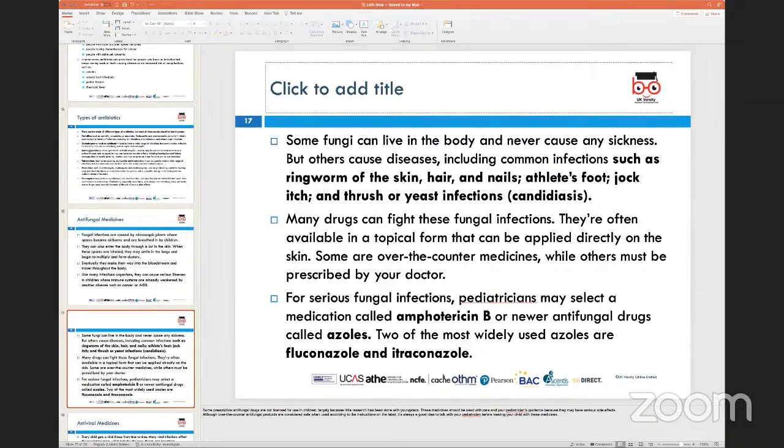Now, this yeast can live on your skin and even inside the body, inside your mouth, your throat, your gut. In our body, we have different types of bacteria, and some of them are what are called healthy bacteria. So we do get to eat different types of yogurts and other things which have different probiotic cultures in them, which are useful bacteria which help in your digestion and things like that.